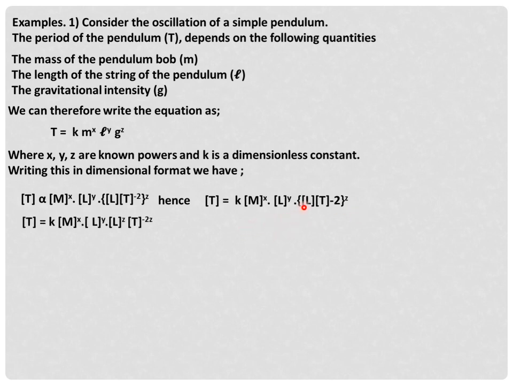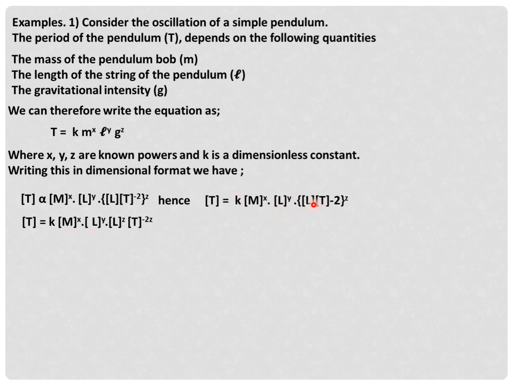And I want to open out this curly bracket. Remember that this Z is on L and T. So if we open out this curly bracket, this K remains, this M raised to the power X remains, this L raised to the power Y remains.